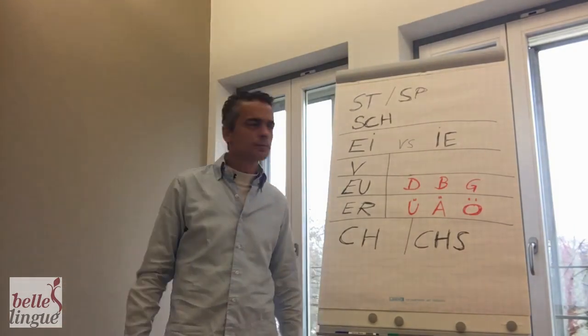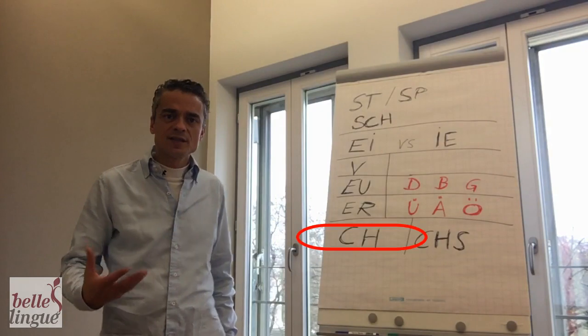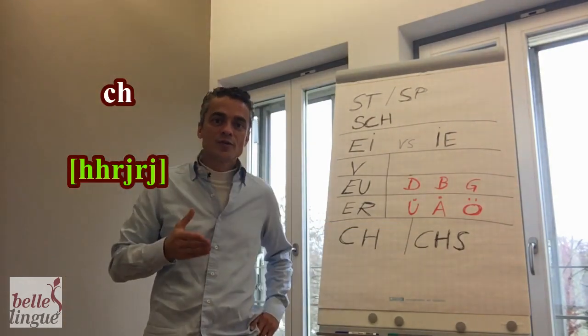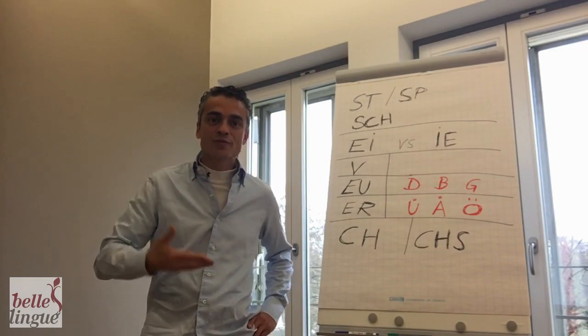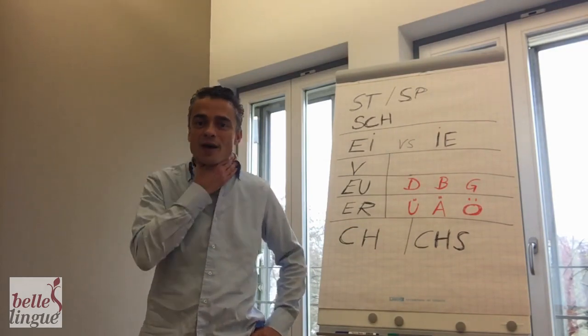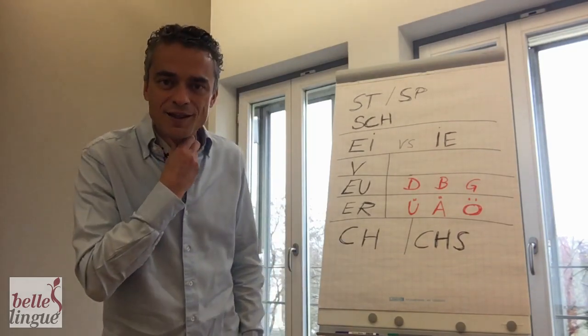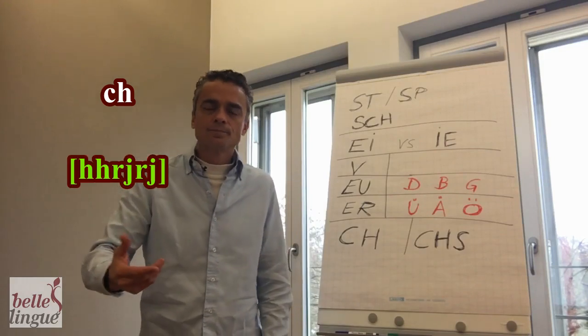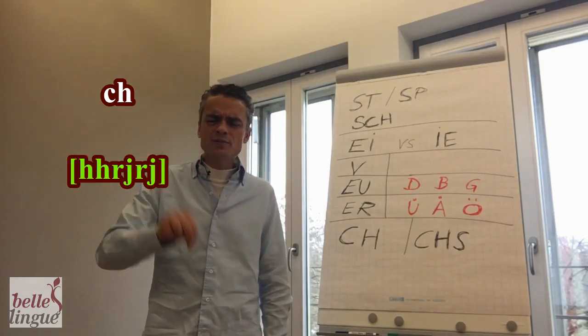Okay, good. The CH is a sound from the throat. So if you are not lucky, you have to read a text with a lot of CH words, and at the end you have throat ache. But the CH is always the same, and we have two different ones.